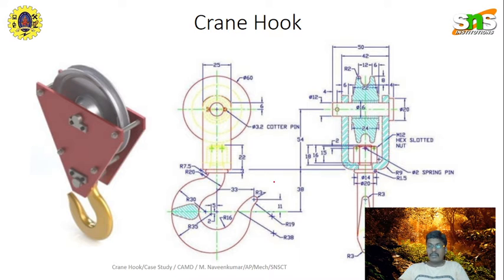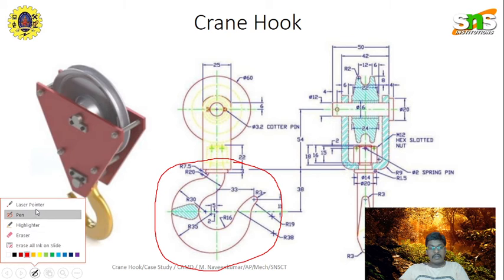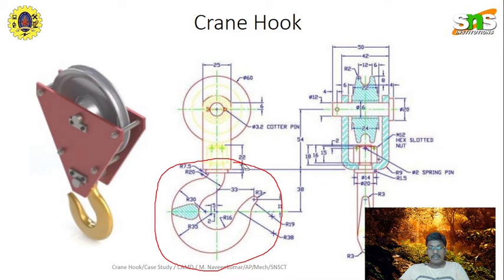Yes, this is the two-dimensional view where you can see the dimensions, horizontal and vertical, and circular dimensions are mentioned here. You have to carefully note this particular area. I will erase this line and make it a highlighter.